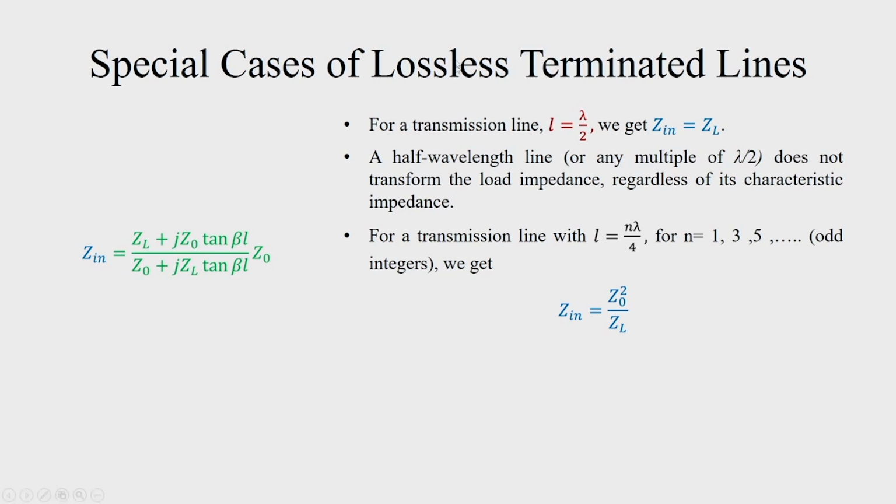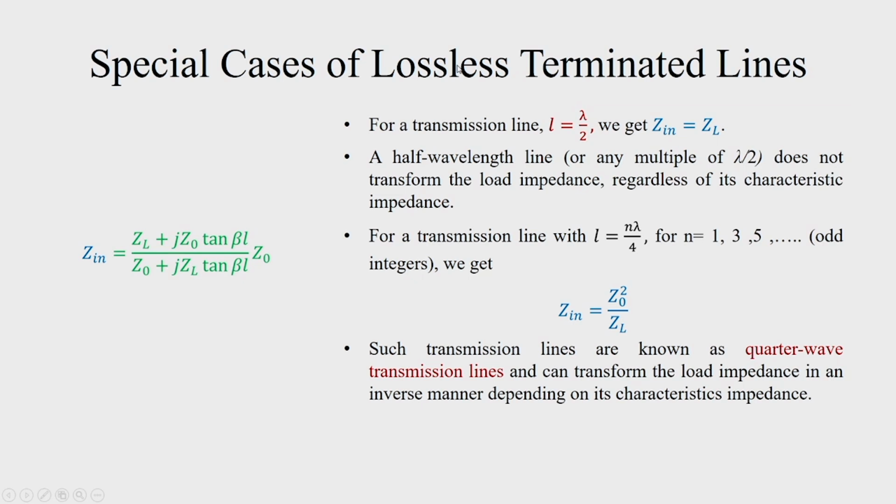So, this type of transmission line sections which are of quarter wavelength are known as quarter wave transmission lines and can transform the load impedance in an inverse manner depending upon the characteristic impedance value. The properties of quarter wave transformer we will study in detail later.